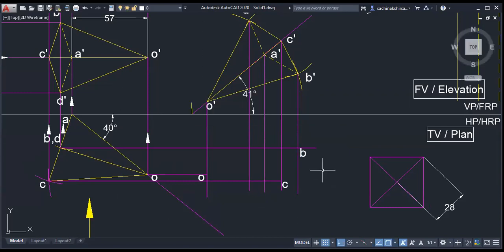Where will be point D? You can see point D. Is it here?